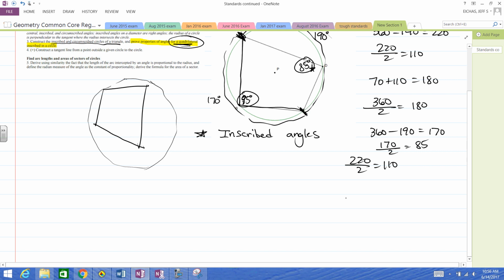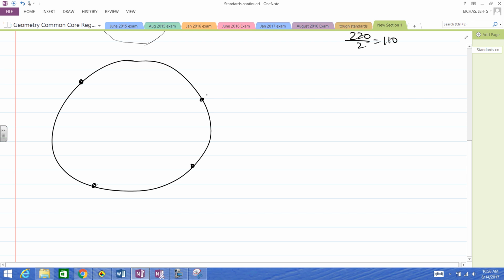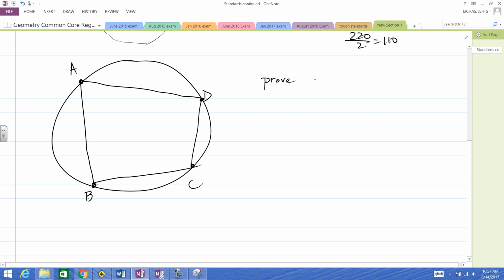I'm going to cheat a little bit here, sketch a circle, and it doesn't make any difference. We'll make it look like that, right? So there it is. We'll call this A, B, C, D. What I'm going to do is prove that the measure of angle A plus the measure of angle C must be 180.